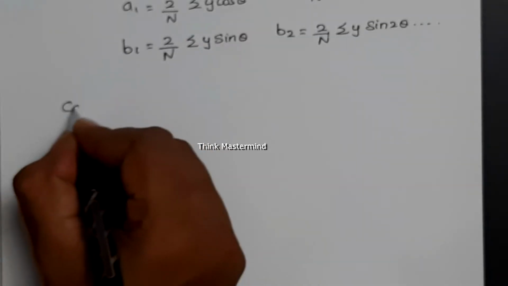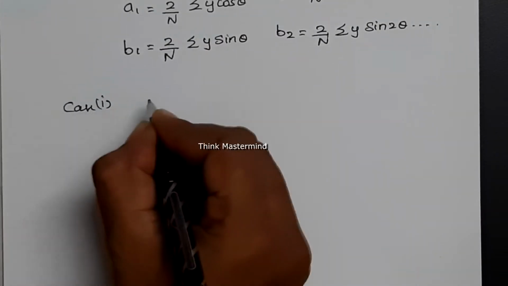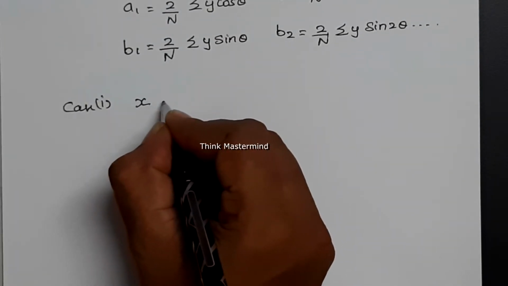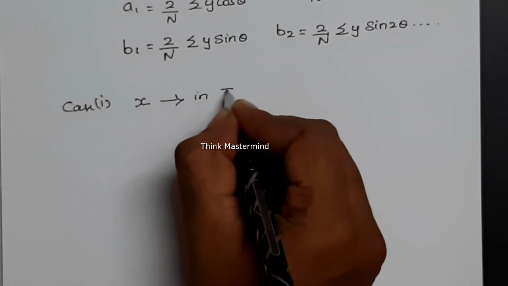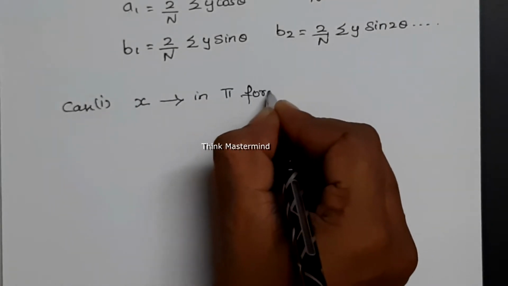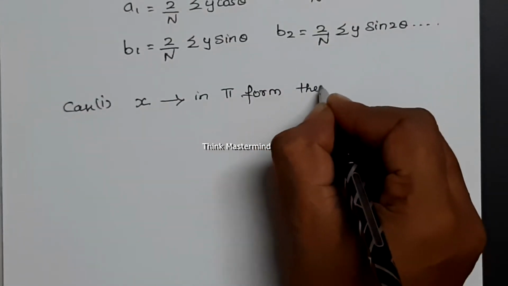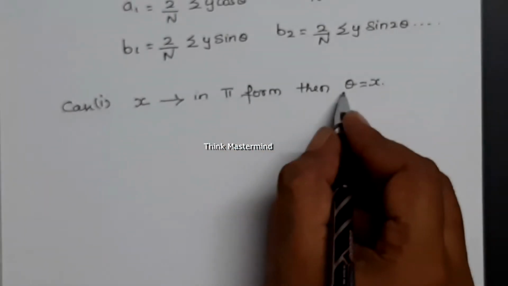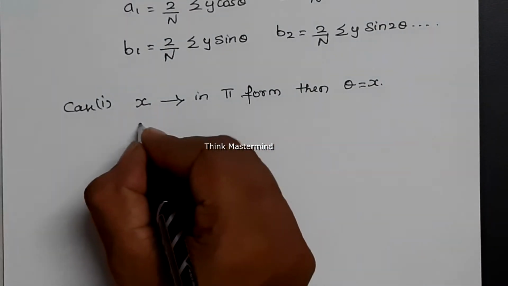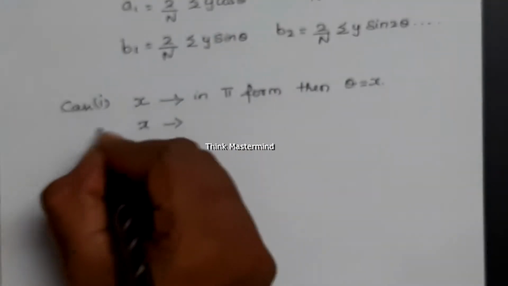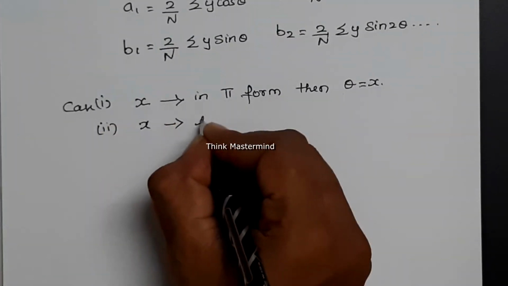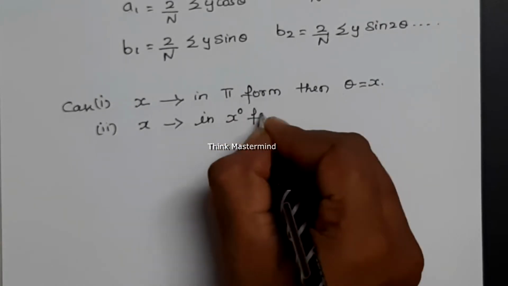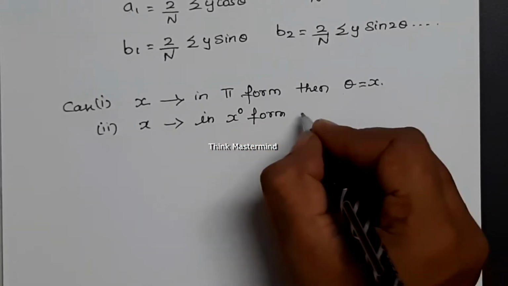Case 1: x is given in pi form, that is in radian form. Then theta is equal to x value. That means you take the x value directly and substitute it in place of theta. Case 2: x is given in degree form, that is 30 degree, 60 degree, like that.